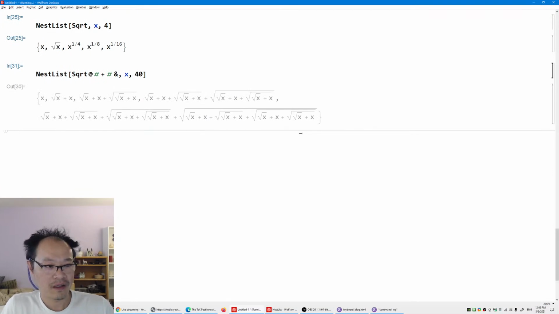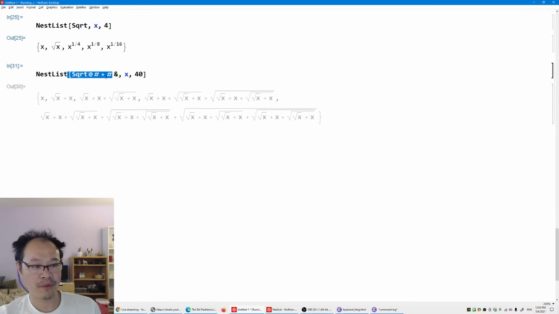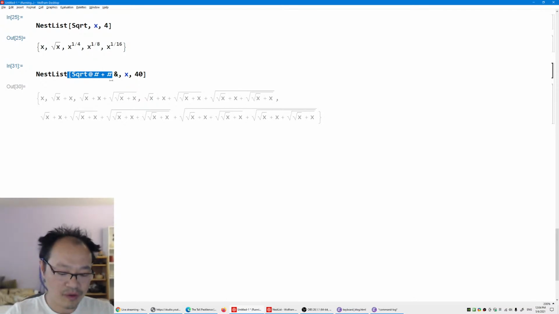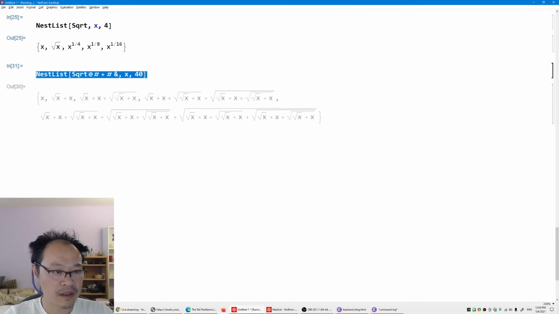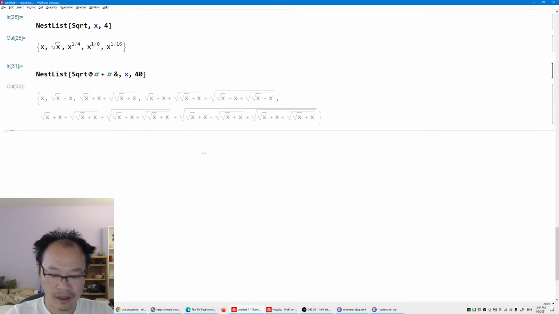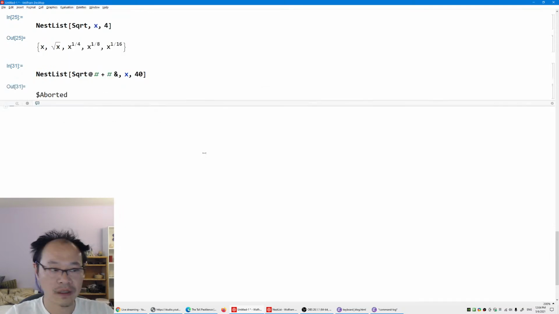We are basically nesting the function, square root of a number plus that number, 40 times. It's taking too long. Control-period to cancel. Wait, what? How do you cancel evaluation? Alt-period. Okay, Alt-period to cancel.